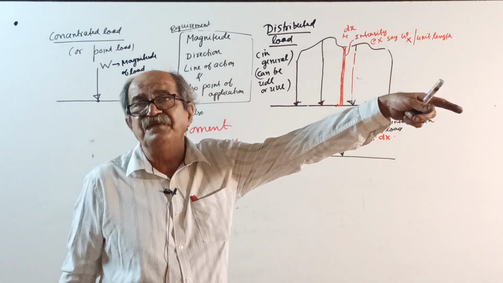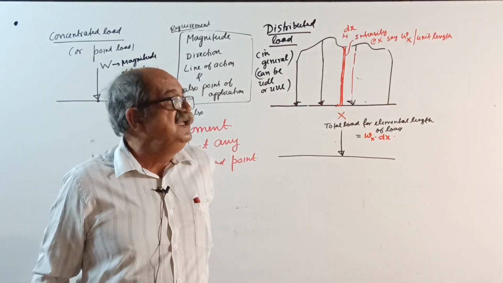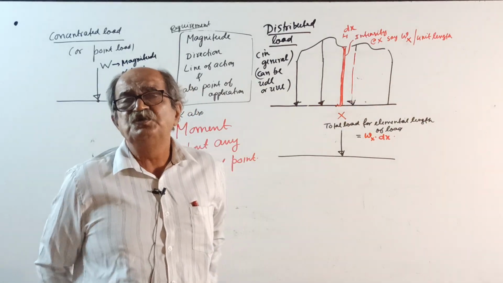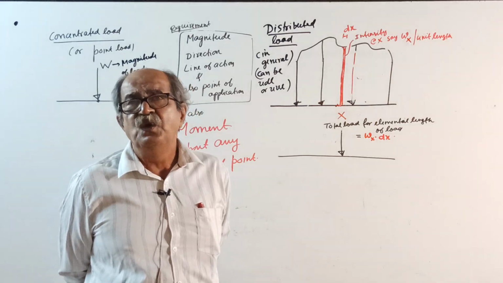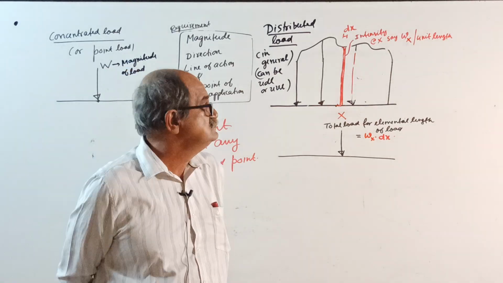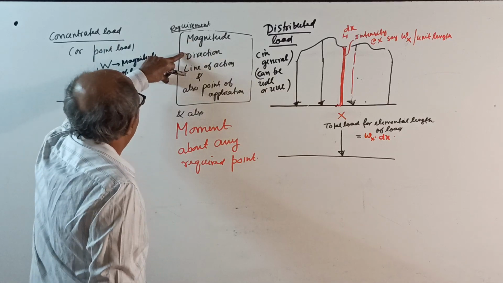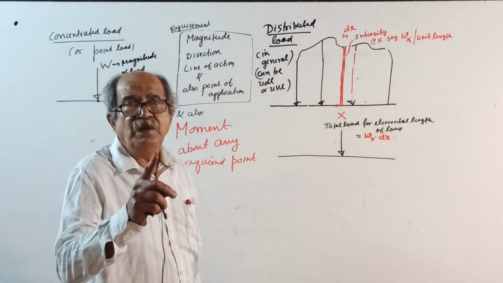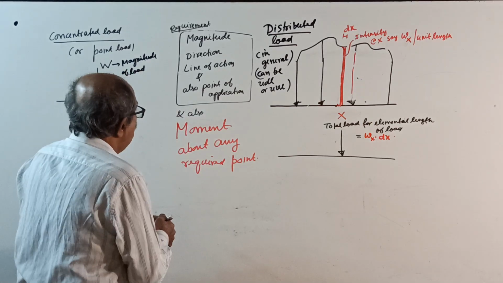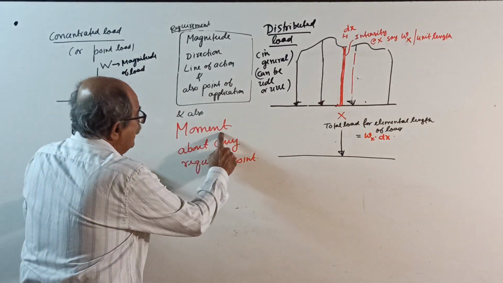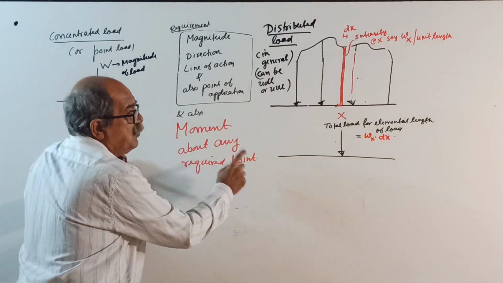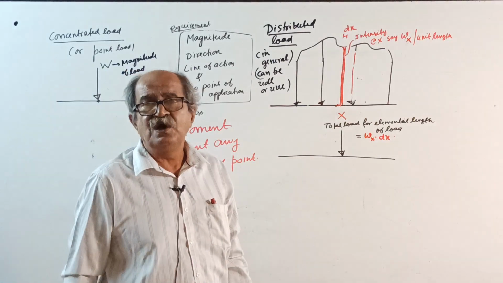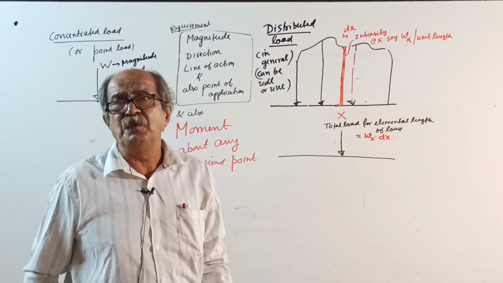See, in engineering mechanics, I told it earlier. If you by chance shift a force to some other point along the line of action, what nonsense result will come? So magnitude, direction, line of action, and also point of application, and most important, you should know how to find the moment about any required point. These are all we are covering in this type of loads.